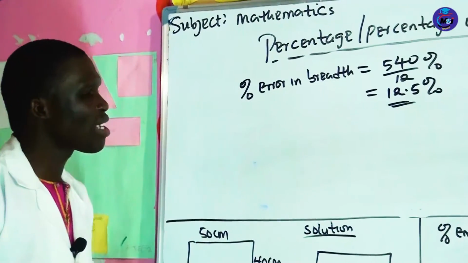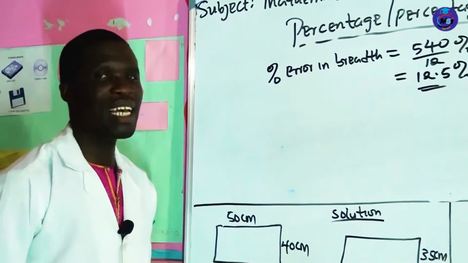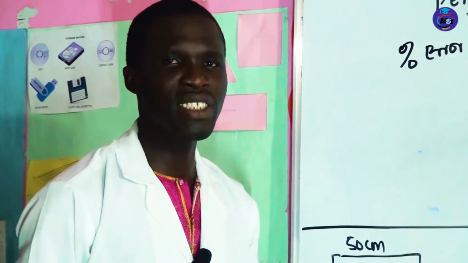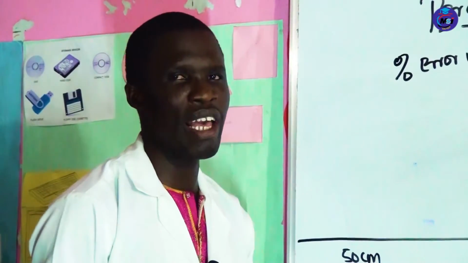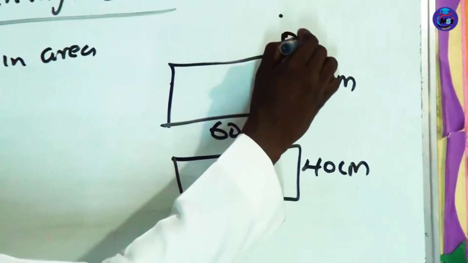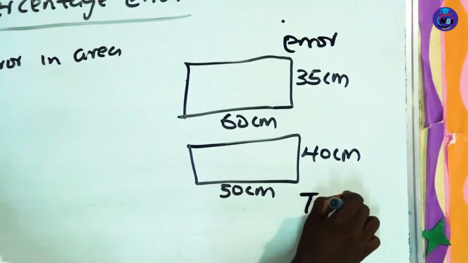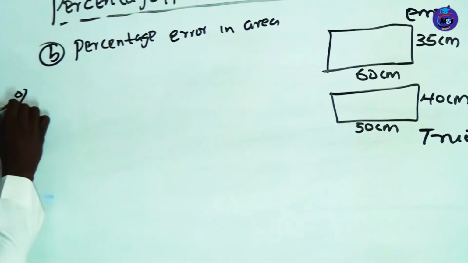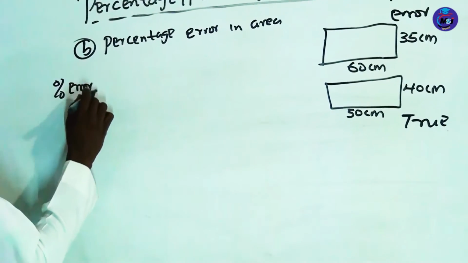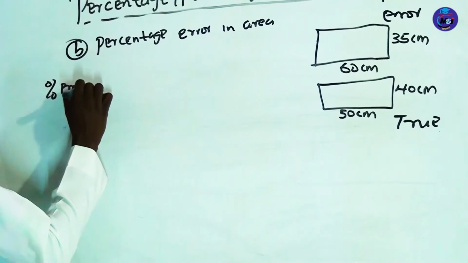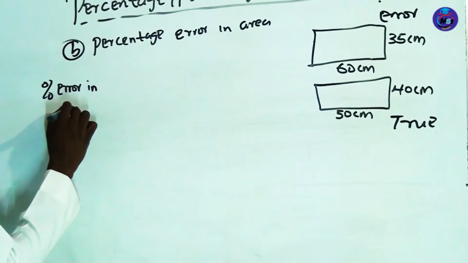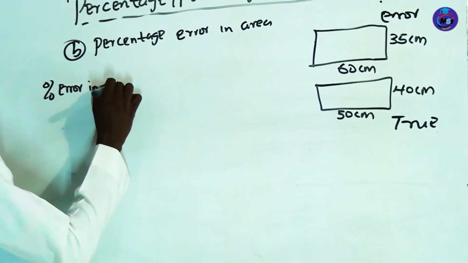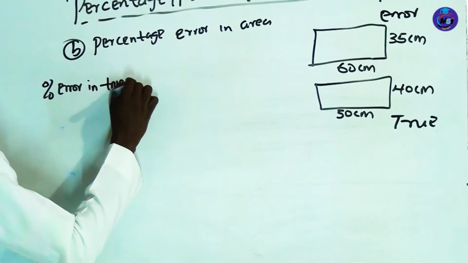The next thing to do now is to find percentage error in the area. Percentage error in the area. So let's do it together. Call this error. You can call this true. So we are going to apply this. Now let's look at percentage error in true measurement.